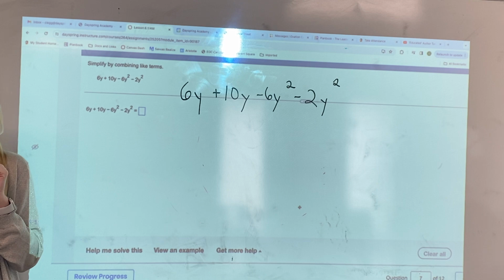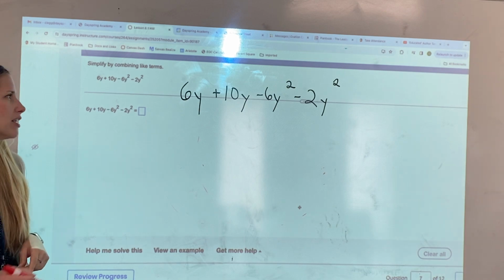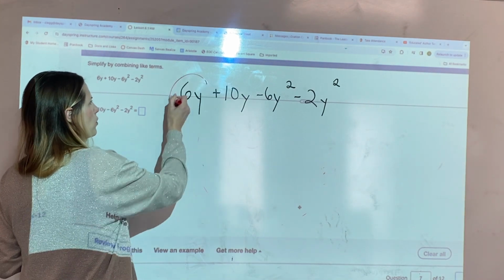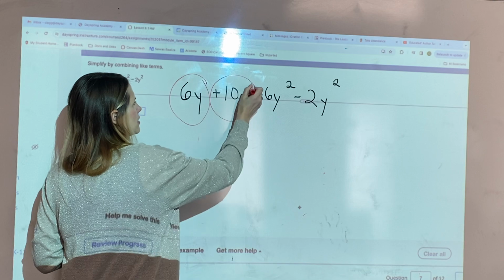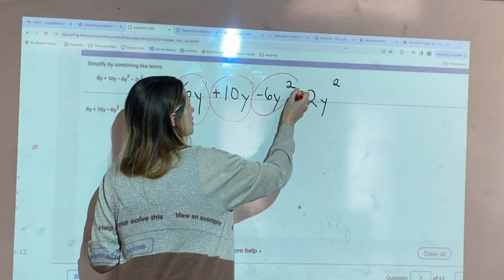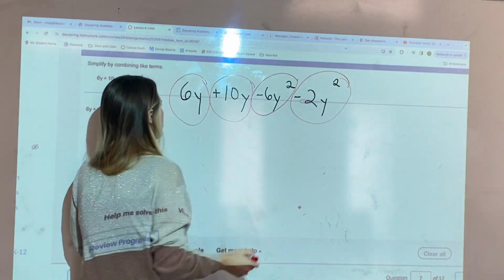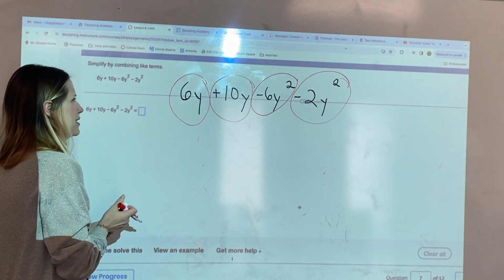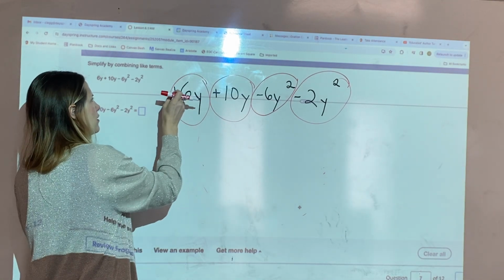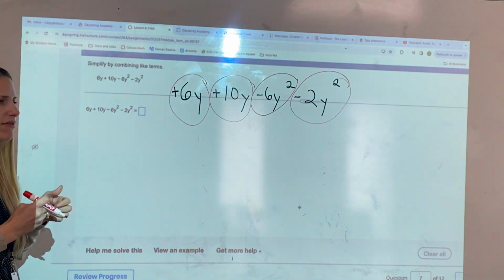Nope, we cannot combine until we circle them. Very good. Circle each term with its sign. The sign is always to the left. If there is no sign, it's positive. If the first term does not have a sign, it's positive.